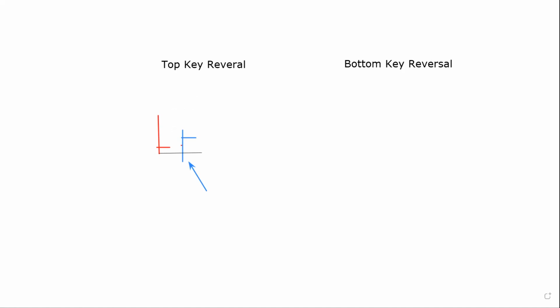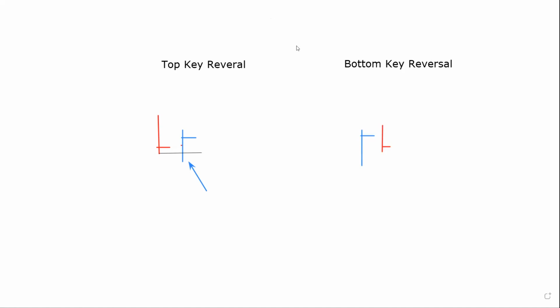All right. Similarly, if we have, let's suppose, a bullish bar, and then we have the bearish bar here. This one like this. Now this one is actually a key reversal. Why?